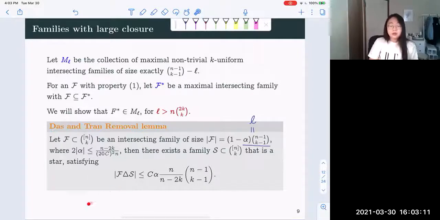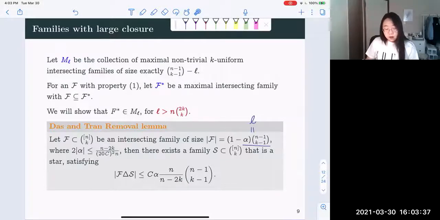Here I want to remark that they actually prove it in a more general setting: for any set family with a given number of disjoint pairs. But because we are studying intersecting families, where the number of disjoint pairs is 0, this simplifies the statement a lot, but they do have a more general form if you are interested.